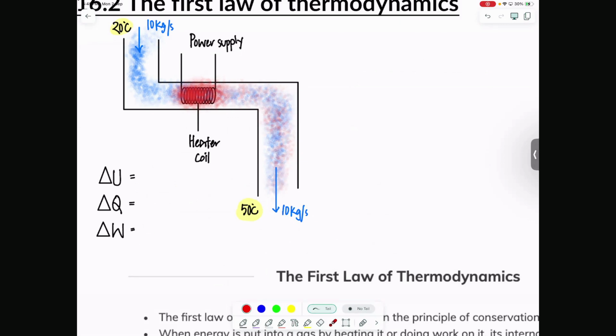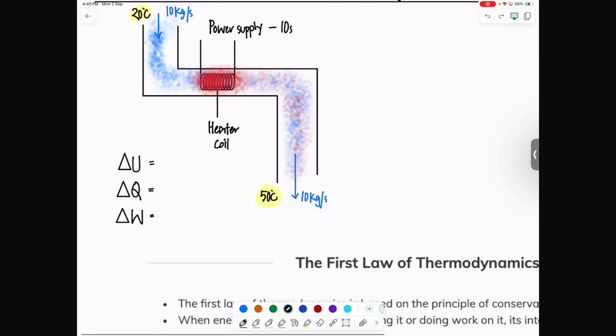Okay. This is a power supply that is on for 10 seconds. So 10 seconds is because if you keep your heater on for the whole day, obviously the amount of energy would be different, right? So for a 10-second time frame, can you tell me what is the del U, del Q, del W? Okay. I'm hoping you know this, but I'll still provide the information to you.